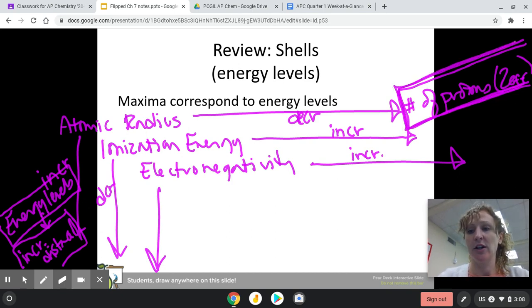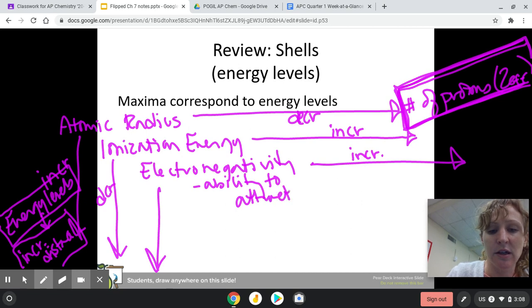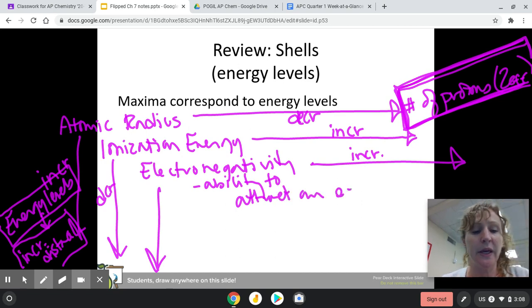It has a larger Z effective. Lithium is going to be less able to attract an electron because it has less protons. It has a lower Z effective. Ability to attract an electron.